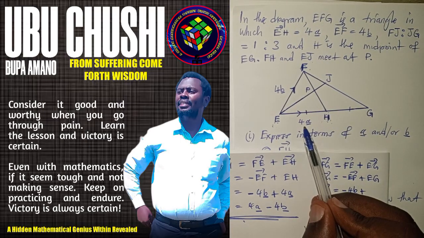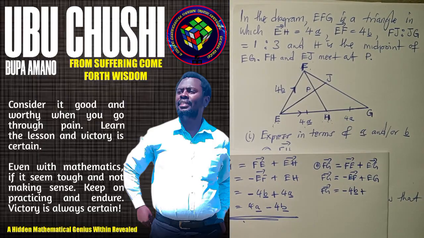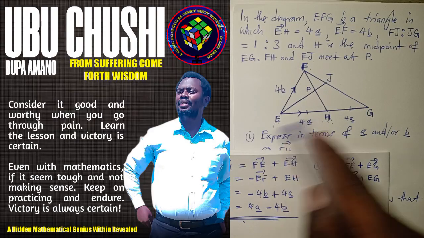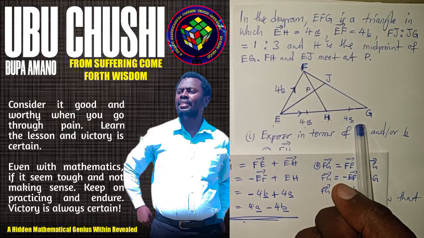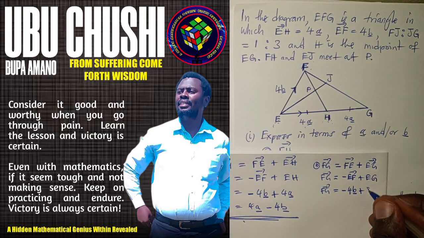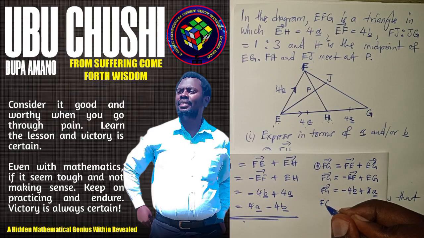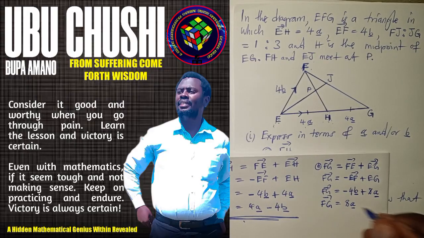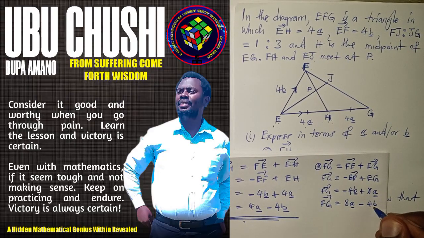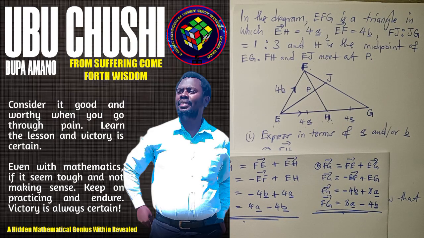So if EH is 4 vector A, HG should also be 4 vector A. So EG will give us 4 vector A plus 4 vector A, so EG in total is 8 vector A. Again, mathematically, we start with positive, then followed by negative. So this is 8 vector A minus 4 vector B. That is the answer for FG.